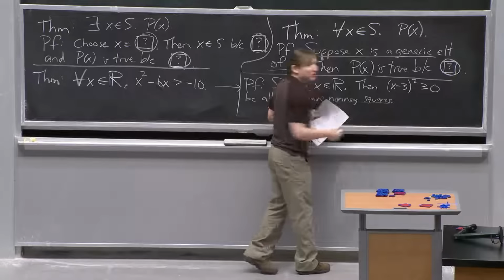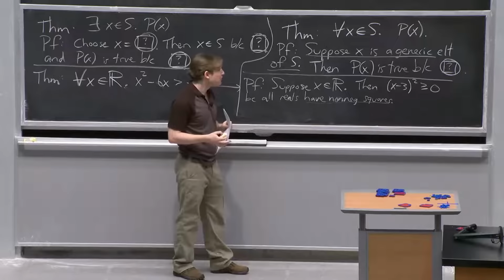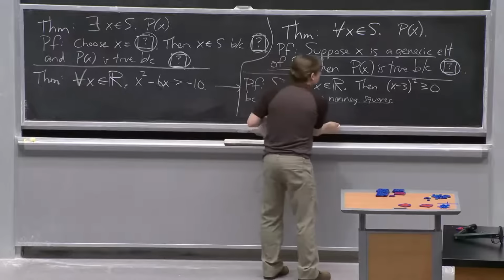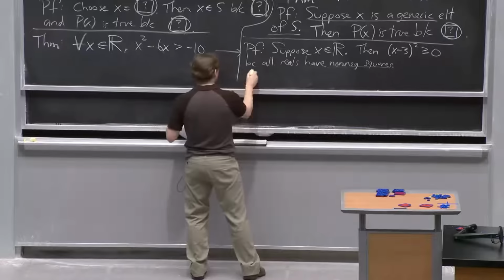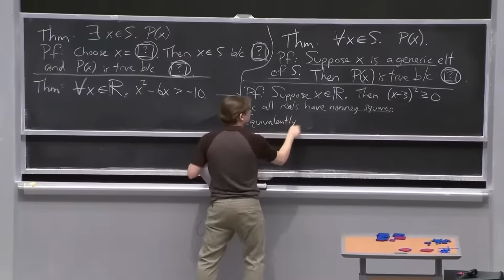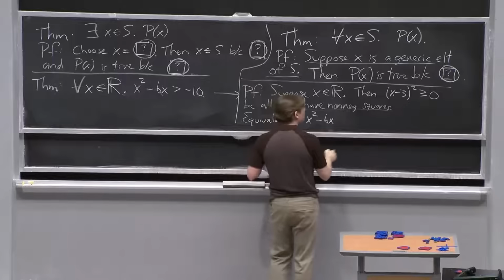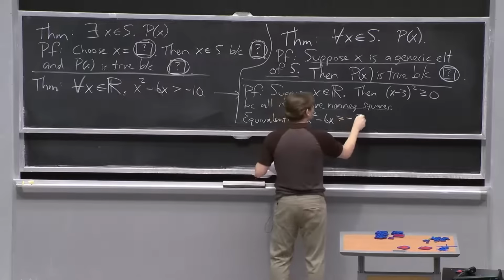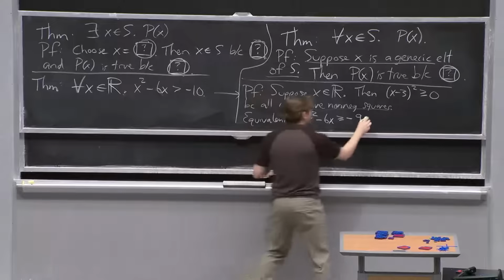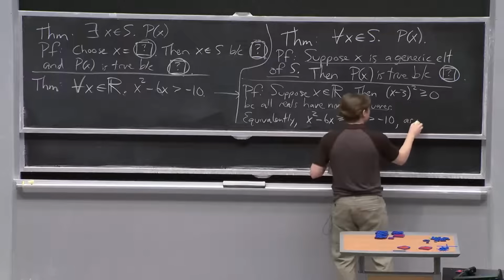This can be a fact we're citing from high school. We know how the real numbers multiply to each other. All right, and once we know this, equivalently, this says that x squared minus 6x is greater than or equal to minus 9, which in turn is greater than or equal to minus 10 as needed.